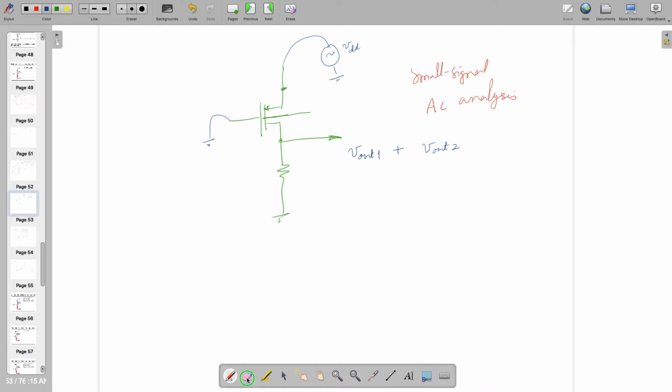So notably, if you are taking the Vout1, and if this is connected to Vin, what is the name of this amplifier? Common source, common gate, common drain. What kind of amplifier is it? Common source, right? Source is grounded or it's an AC ground.